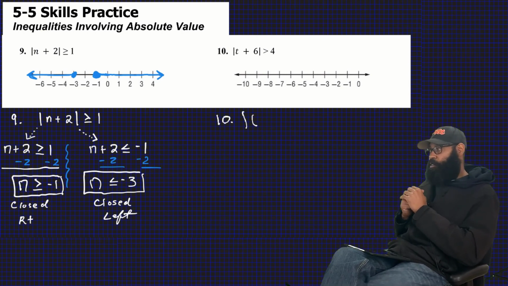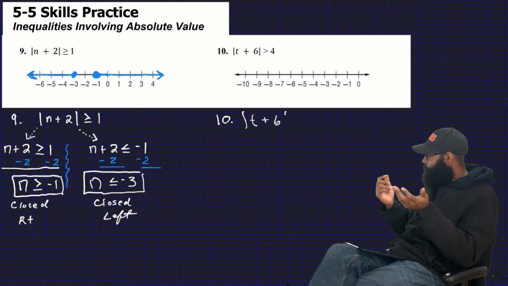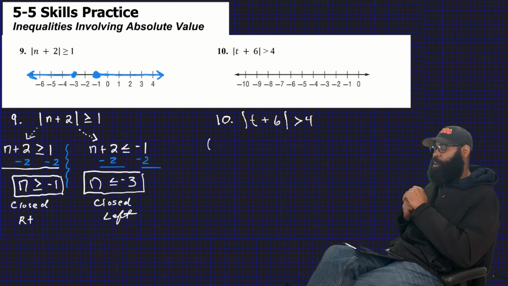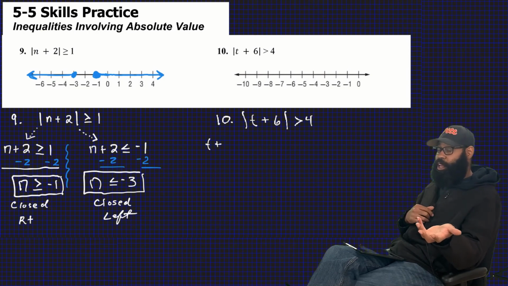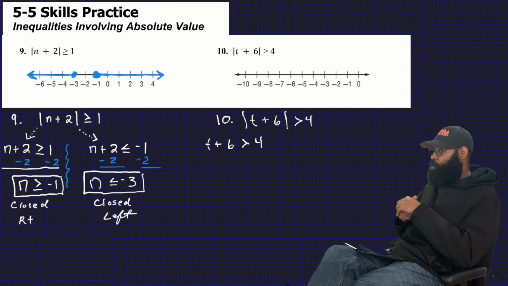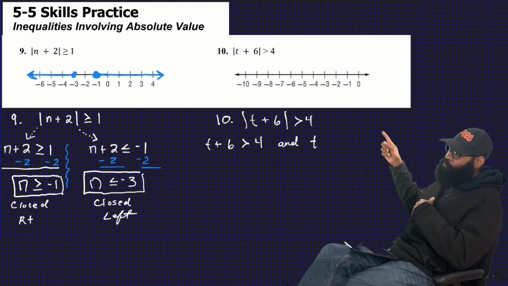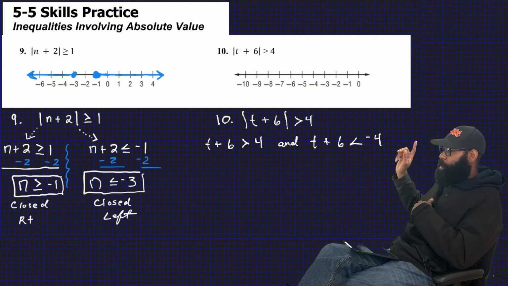Quadratics, absolutely, guys. So, number 10, absolute value of t plus 6 is greater than 4. Again, demonstrating my ability to read the algebra problem. Setting up my first scenario where nothing changes. Setting up the second where I flip t plus 6, flip and change.